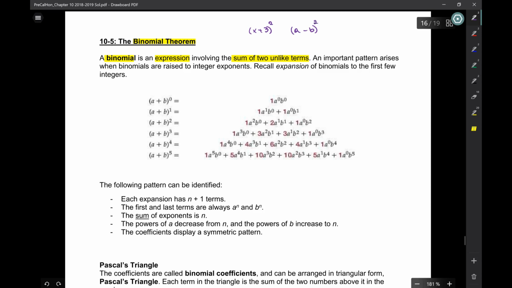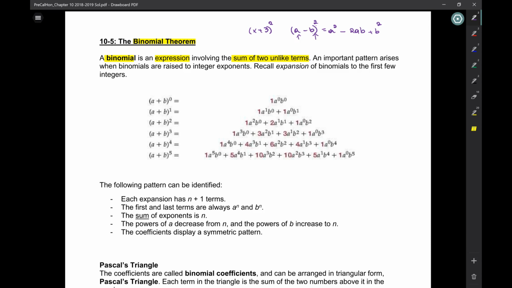Or a minus b squared. You know that there is a special pattern here, right? Let's just recall that pattern. What is it? It's this one squared, and then minus 2ab, and then this one squared, okay? And we kind of just leave it there.